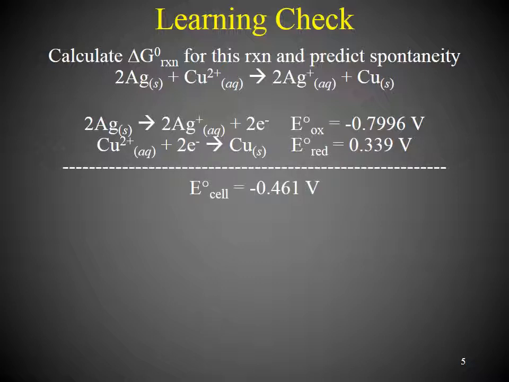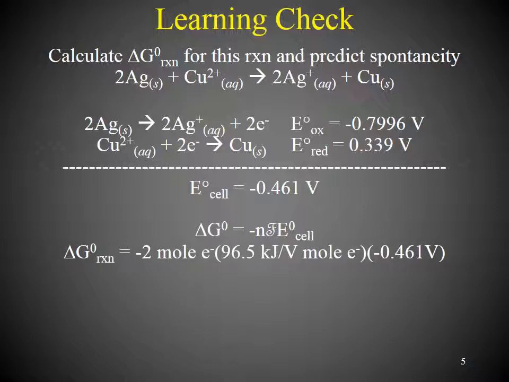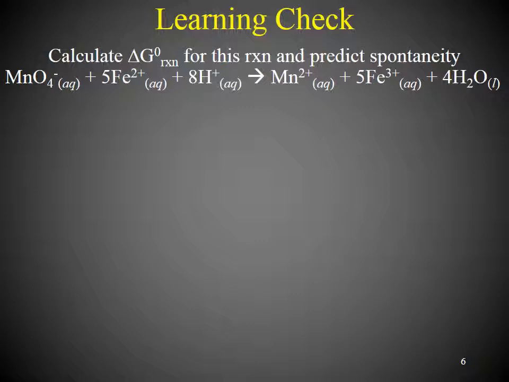The total value of the cell is this, and now we can plug it into the equation relating delta G to the cell voltage, and we find that delta G is equal to 89.0 kilojoules. It's positive, which means it's non-spontaneous. So now, see if you can do the same for this reaction. Come back when you're done.